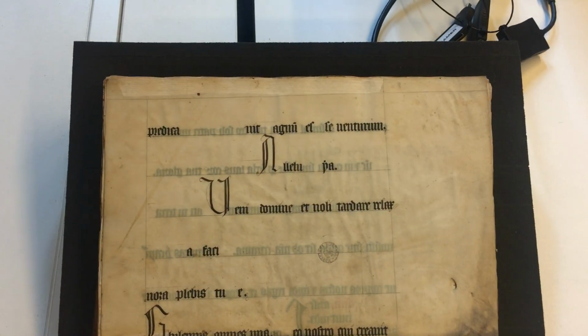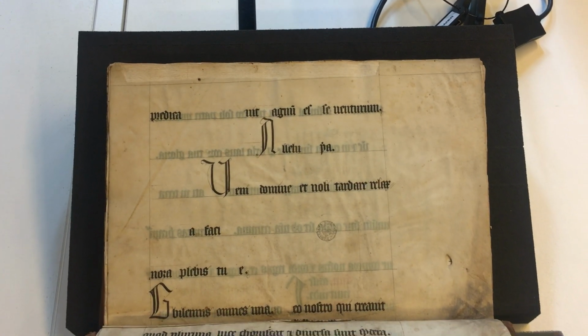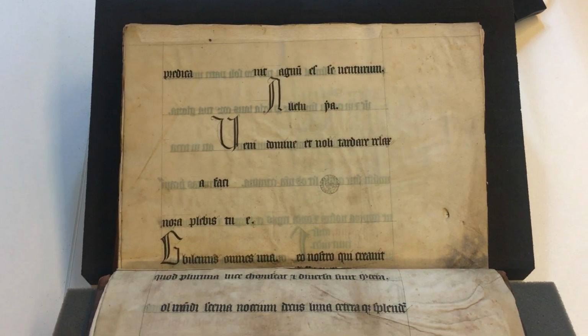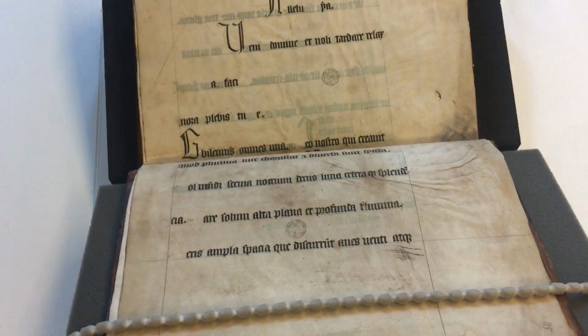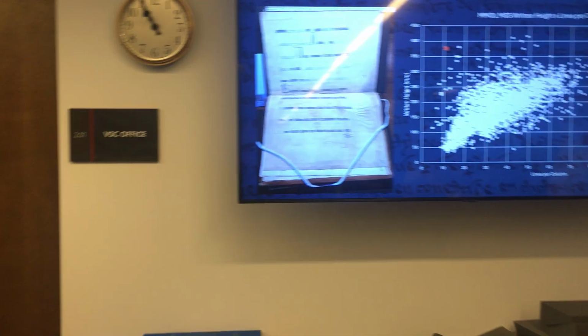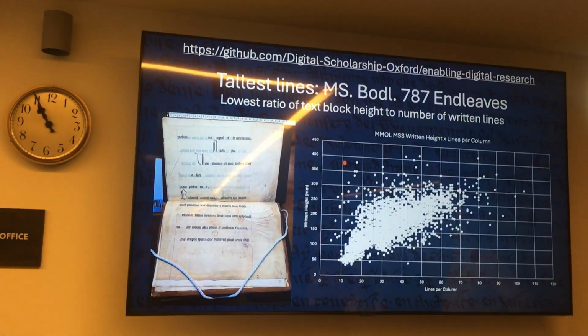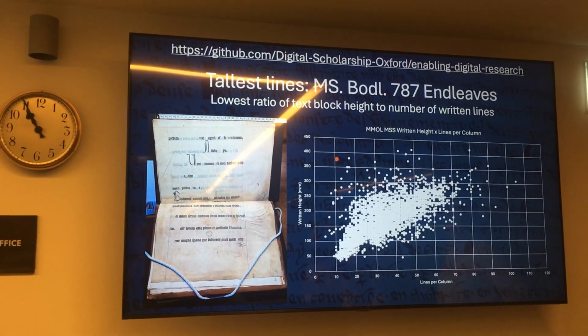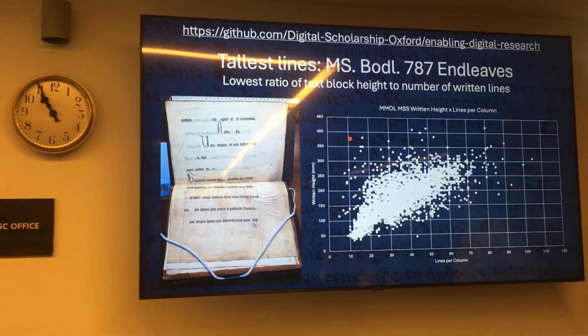And the last one, tallest lines. So how large are the lines of text in a medieval manuscript typically? That's height divided by lines and columns. There's quite a lot of variation. A typical height is about 5mm for text. This is much larger.